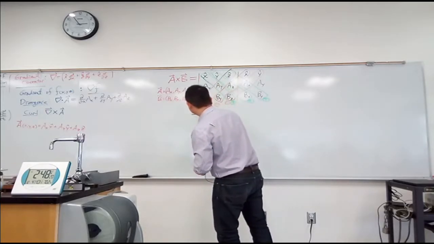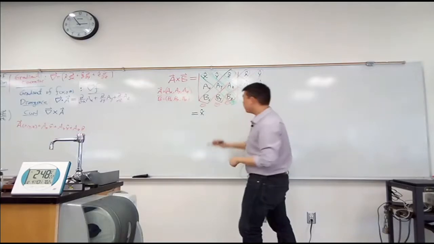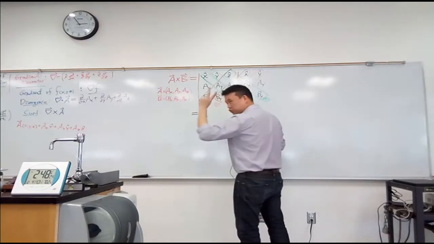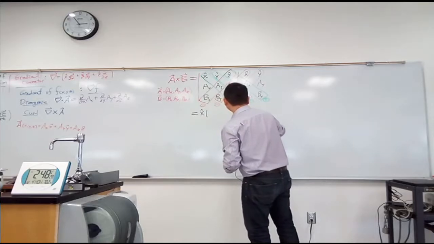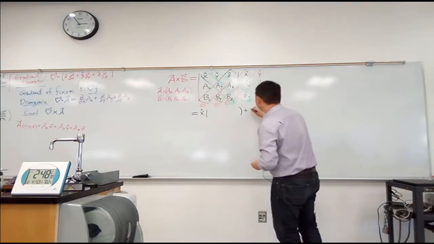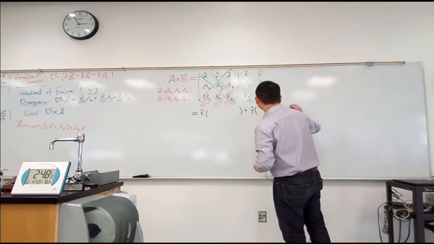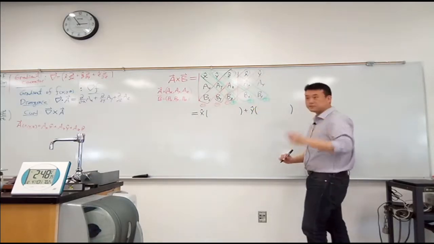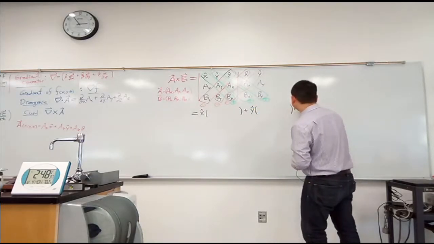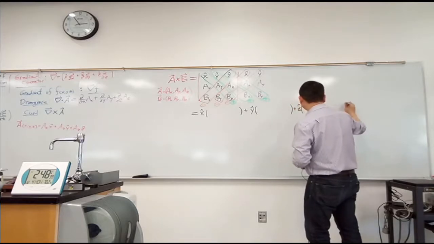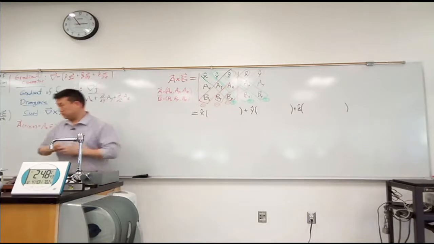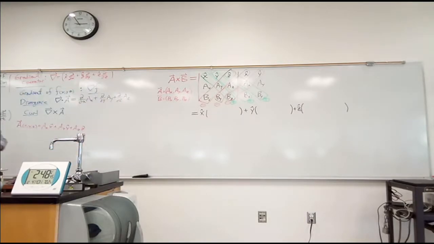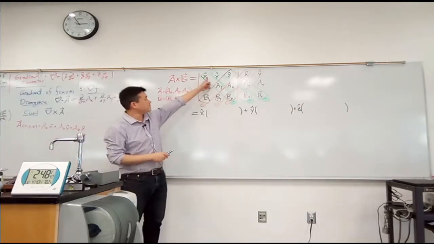I'm going to write down a group of two terms containing the unit vector x hat, two terms containing unit vector y hat, and another two terms containing unit vector z hat. So this is x hat.